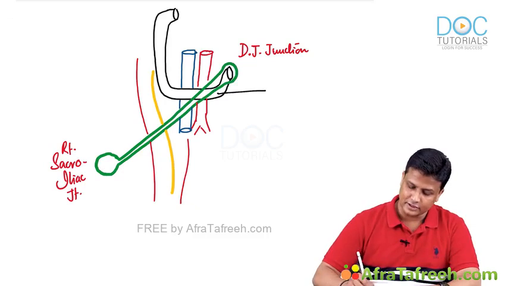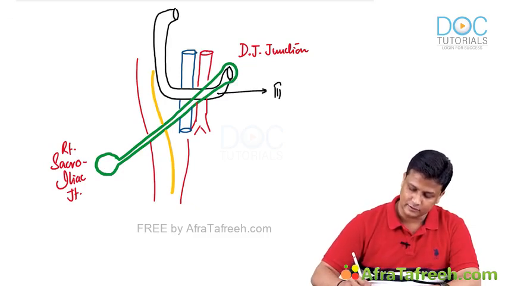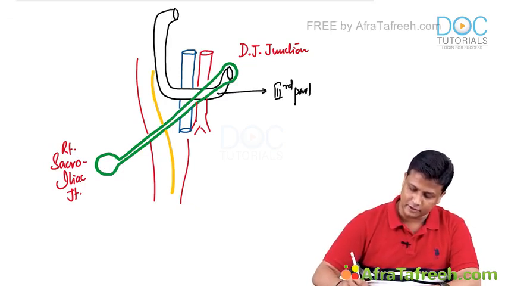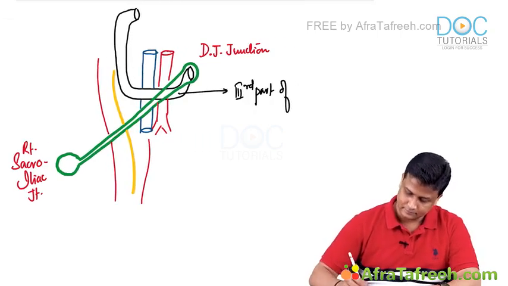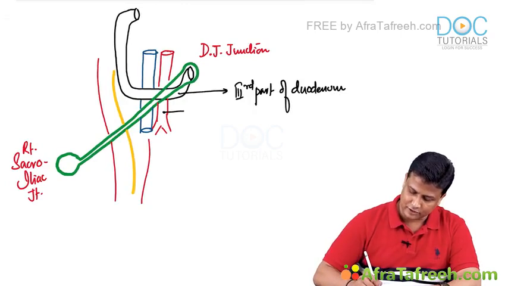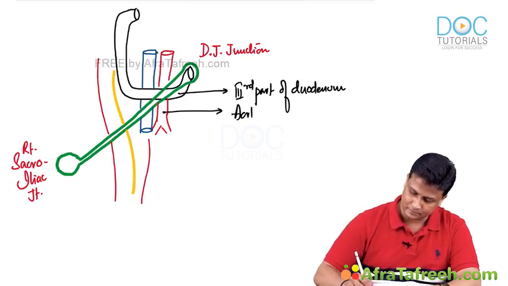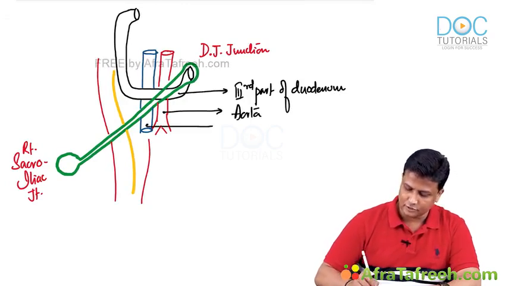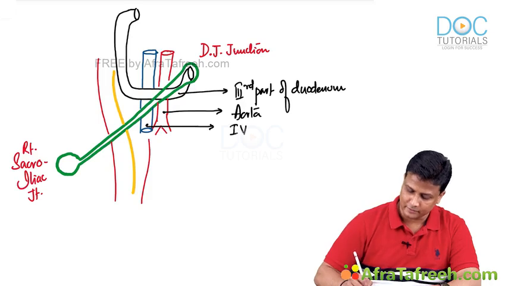So root of mesentery will be first of all crossing the third part of the duodenum. And then it is also crossing the aorta. And then it is also crossing the inferior vena cava.